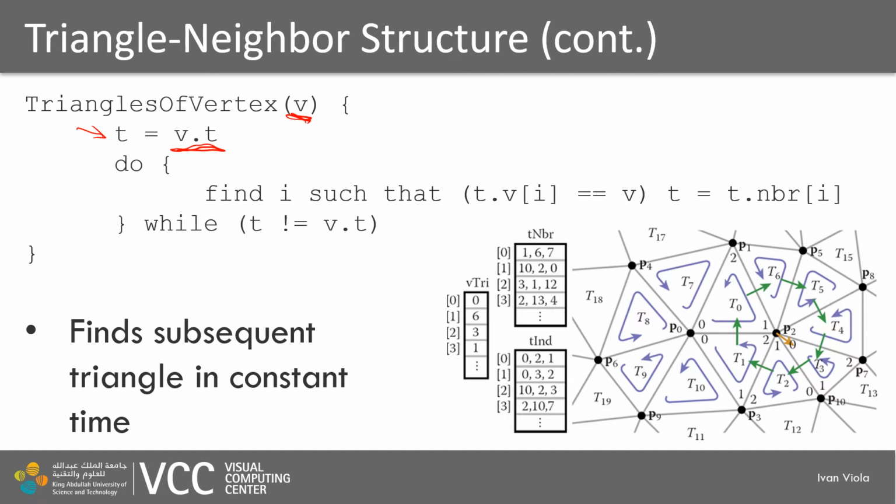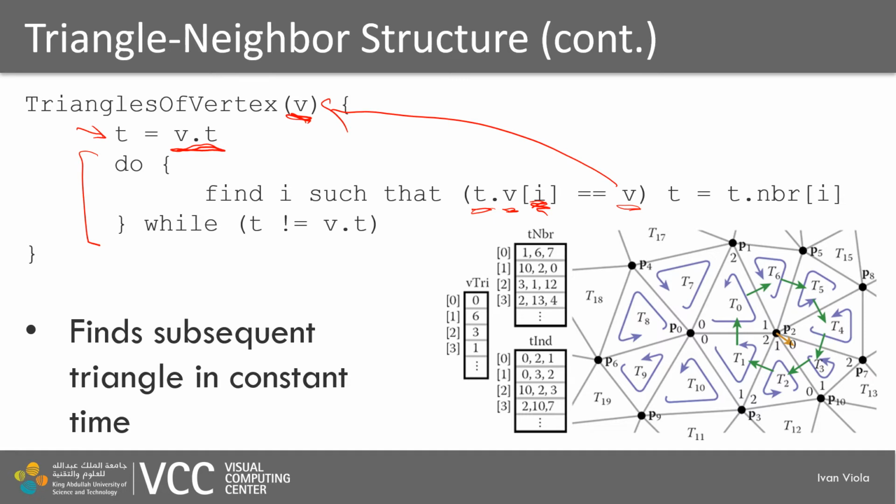We are entering this loop here where we are searching for which index has a vertex which forms our triangle T, which is equal to our vertex V. So we will find basically the order of it.